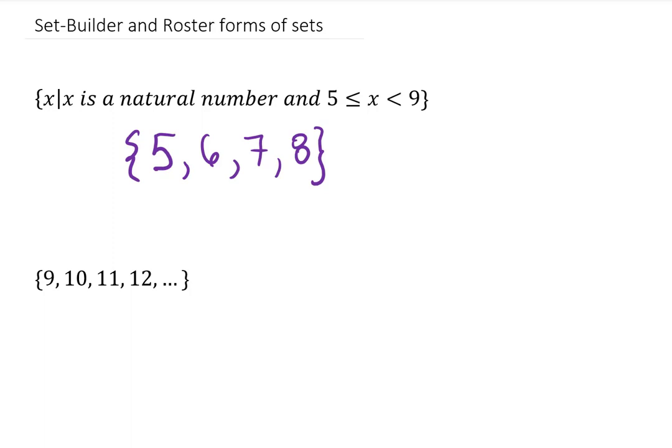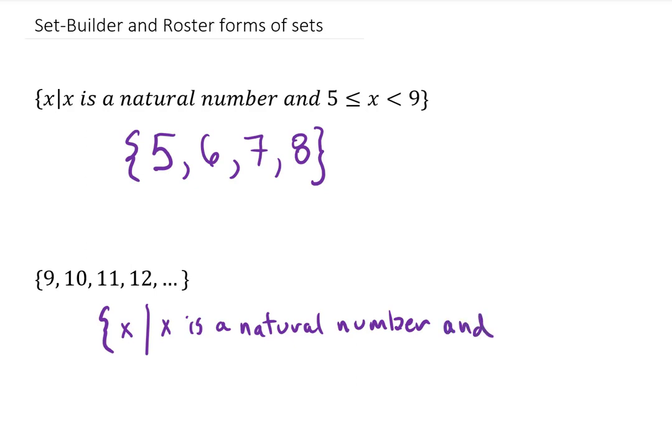Let's attempt to change this into a set builder notation. So the set of x such that x is a natural number, and now we need to write a rule for what's going on here.